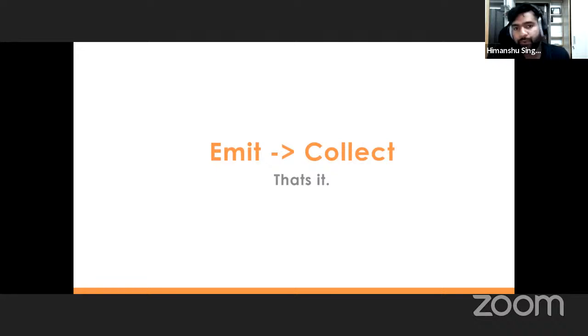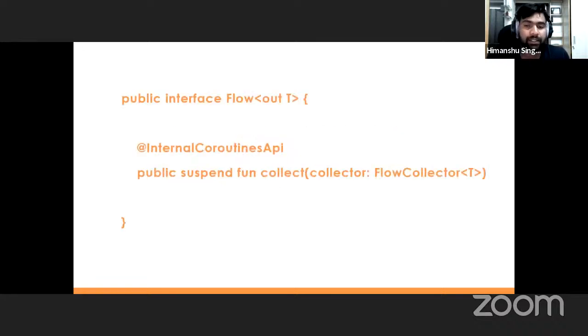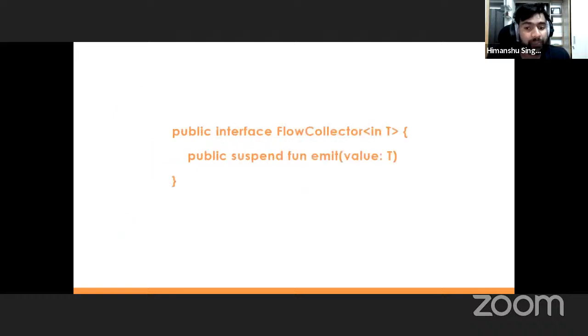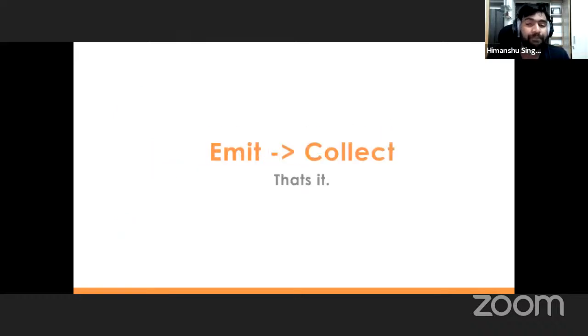Now, if you noticed it very closely, both of these functions, the collect and the emit, are suspend functions, right? So when you see a suspend function coming up, you go back to the Kotlin coroutines thing: you have a suspend function, and to run this function, you have to use the scoping mechanisms.